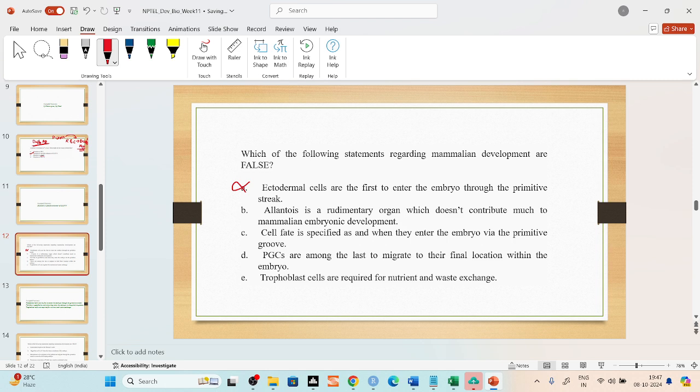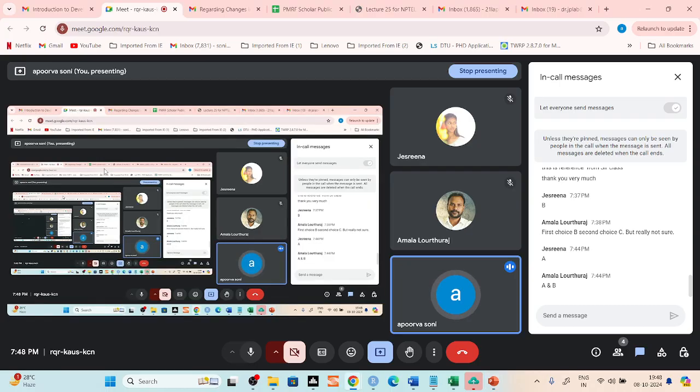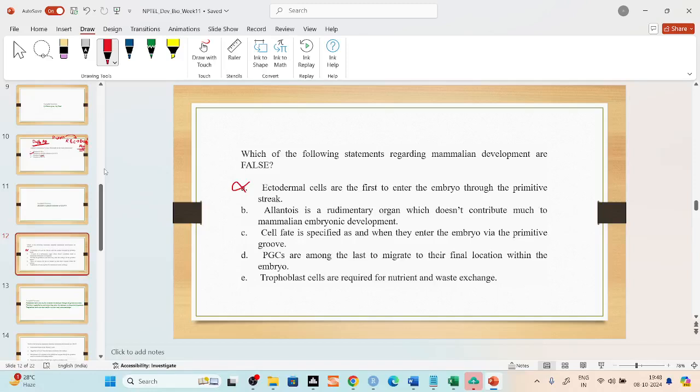Then next is allantois is a rudimentary organ which doesn't contribute much to mammalian embryonic development. Is it true or false? It is true, comparatively.